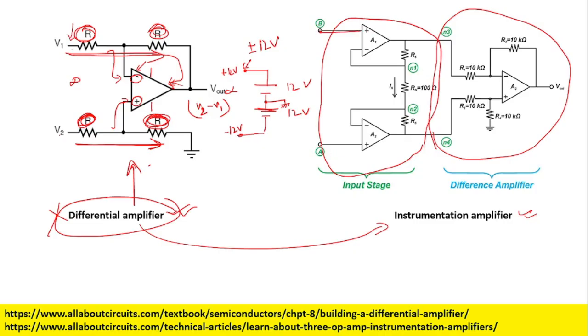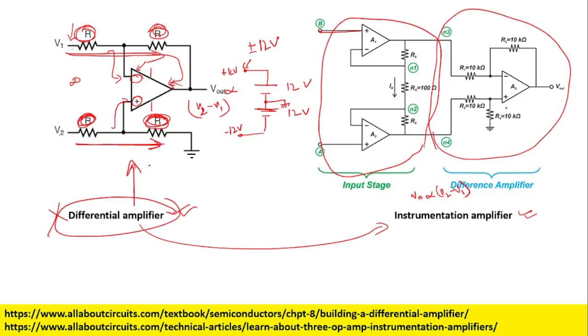Over here also input is into the non-inverting terminal. You getting my point? So what is the input impedance of the op amp? Just now I told you it is high. So now can we use it for the measurement? We can use it for the measurement, and its output is also directly proportional to V2 minus V1.